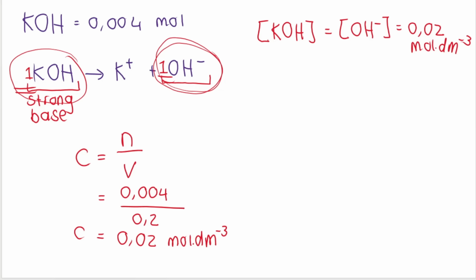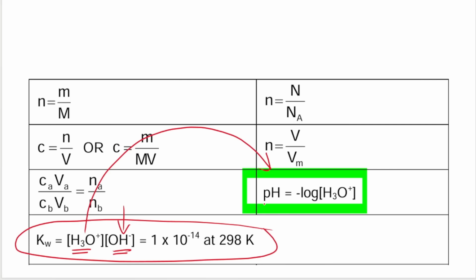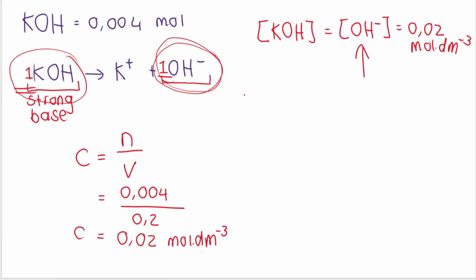Now, why do I care about the concentration of these ions? Remember, I said that I'm trying to look for pH. To work out pH, I need H3O plus, but first, what I have at the moment is OH minus. So what we're going to do is make use of the Kw formula first. We know that Kw is equal to the concentration of the hydronium ions multiplied by the concentration of the hydroxide ions.